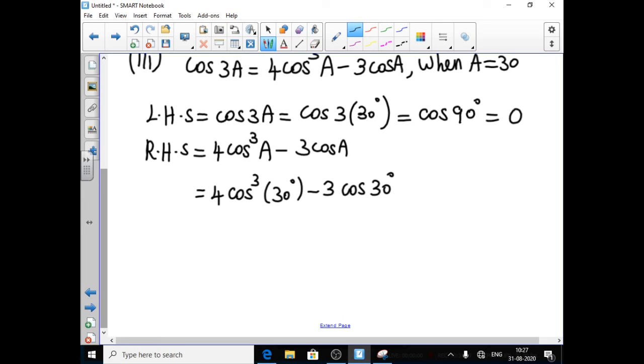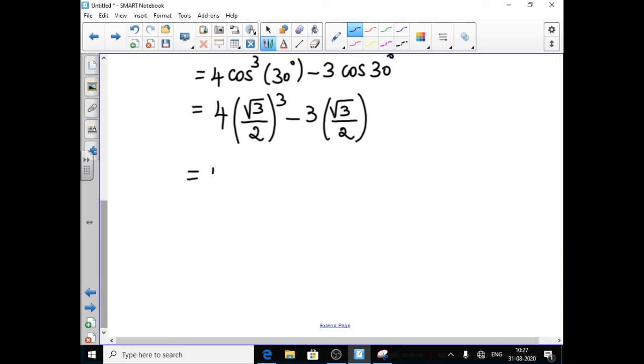Okay, now we are going to apply the values. Cos 30 degree is nothing but root 3 by 2. So that means 4 into root 3 by 2 whole cube minus 3 into again root 3 by 2. That is equal to 4, cubic means 3 times, so root 3 into root 3 into root 3 over 2 into 2 into 2.